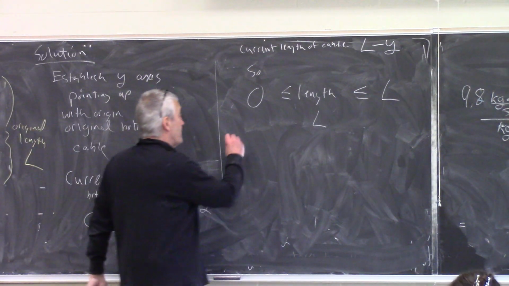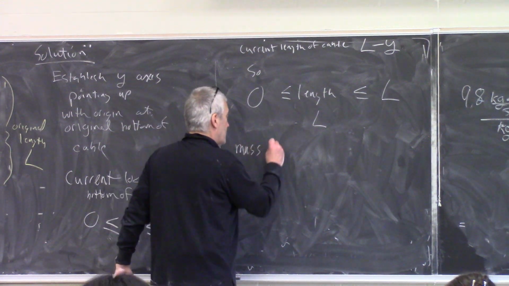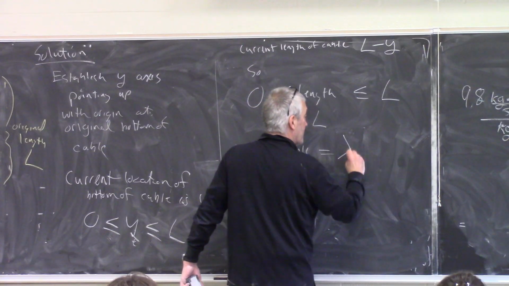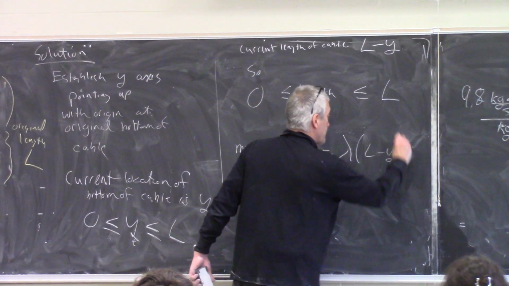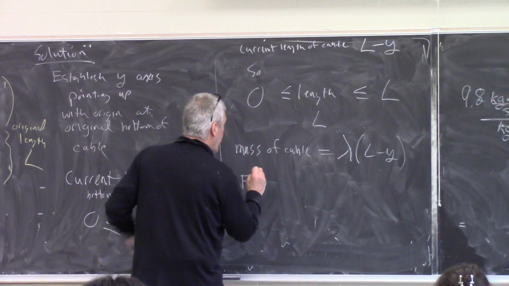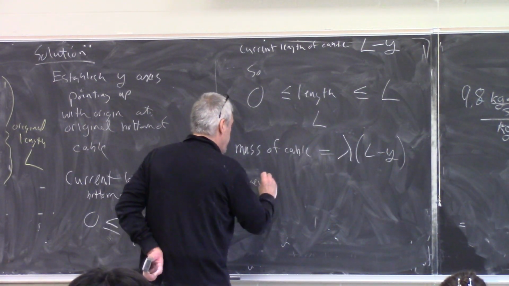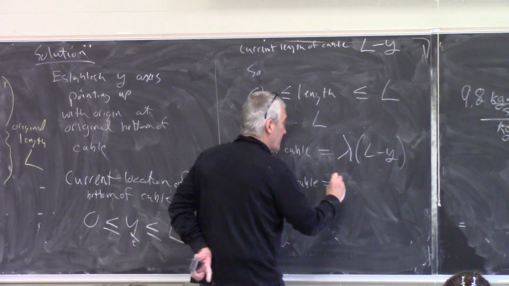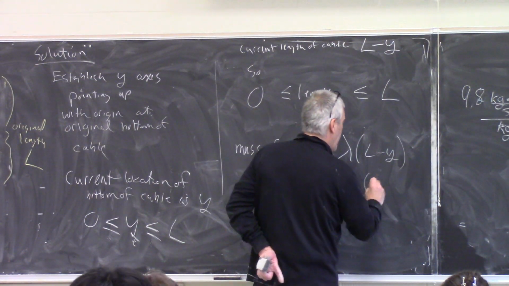So the mass of the cable is lambda times L minus y. And then the weight of the cable is going to be lambda g times L minus y.